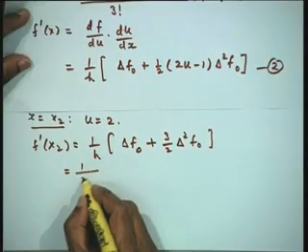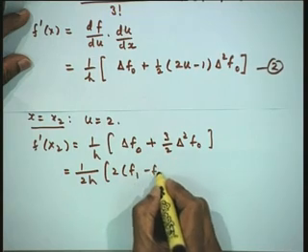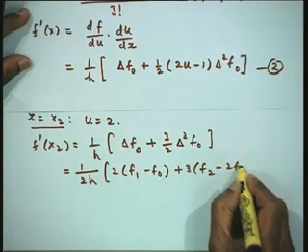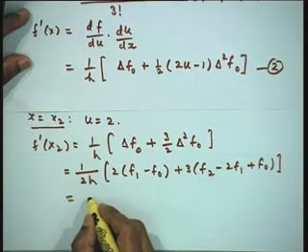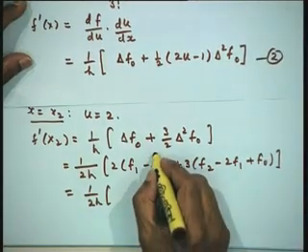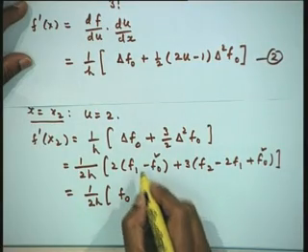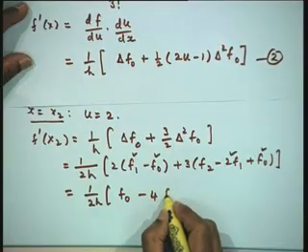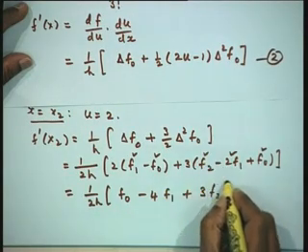Let us simplify this: 1 upon 2 h, twice f1 minus f naught plus 3 times f2 minus 2 f1 plus f naught, that is 1 upon 2 h, this is minus 2 f naught and plus 3 f naught. So, I will have f naught, this is plus 2 f1, this is minus 6 f1. So, I will have minus 4 f1 and plus 3 times f2.